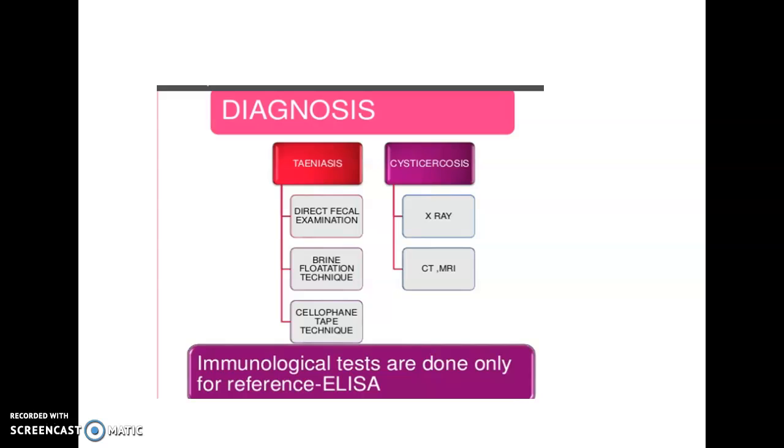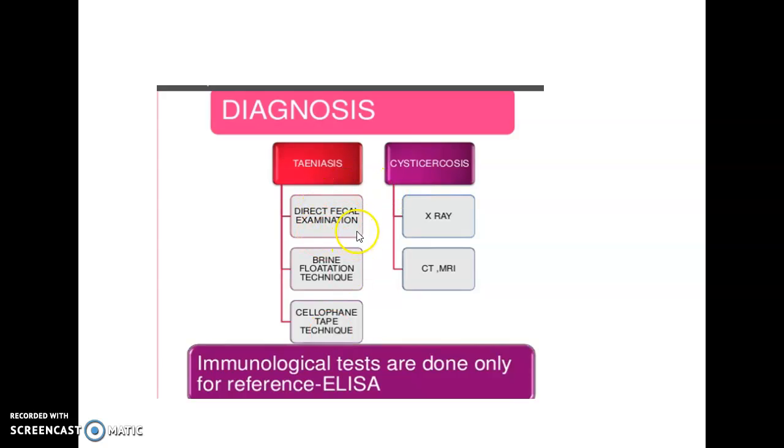Then how can we diagnose this? If it is produced by the adult organism, that is called teniasis. If it is caused by the larval organism, it is called cysticercosis. So teniasis can be detected by means of direct fecal examination, then the brine flotation technique, then the cellophane tape technique.